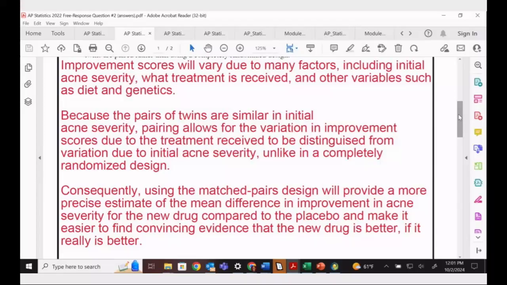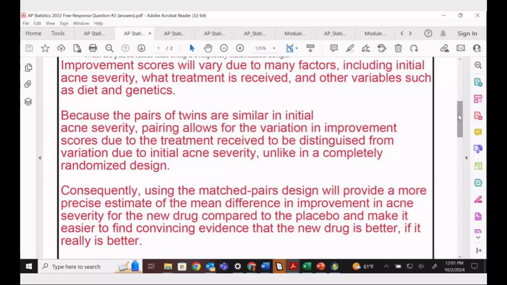They probably eat in a similar way. They probably eat similar types of foods as their twin. Probably not exactly the same, but very similar. Like you're not going to have somebody that only eats carbohydrates and another twin that probably only eats protein. They're going to eat what's available at their house and the way it was prepared at their house, right?